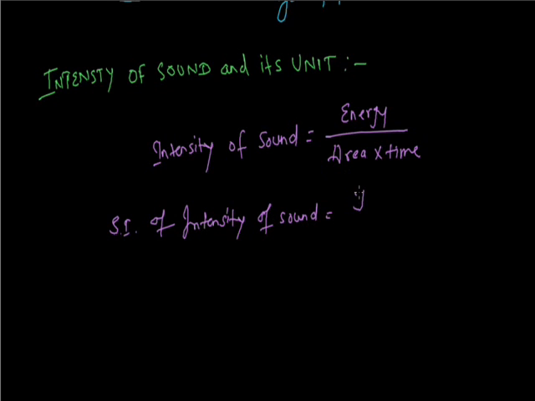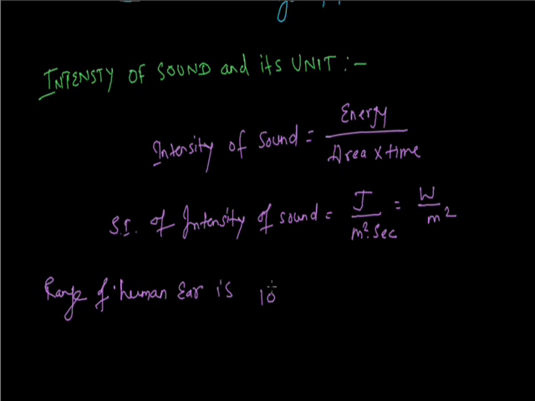The unit of energy is joule, so the unit is joule per meter square into second. Or we can also say energy upon time is power, that means watt per meter square. The range of human hearing is 10 to the power minus 12 watt per meter square to 1 watt per meter square. That means intensity of sound can be measured in watt per meter square.